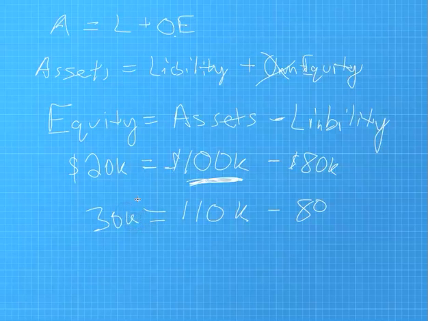Whereas if the value of your home were to decrease 10%, to $90,000, and you still owe $80,000, now your equity is at just $10,000. And so this is an important equation when buying a house, or any other asset or property.